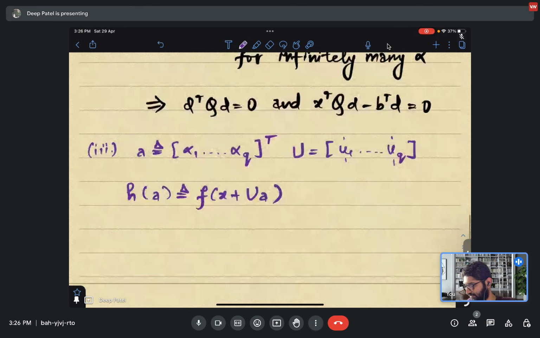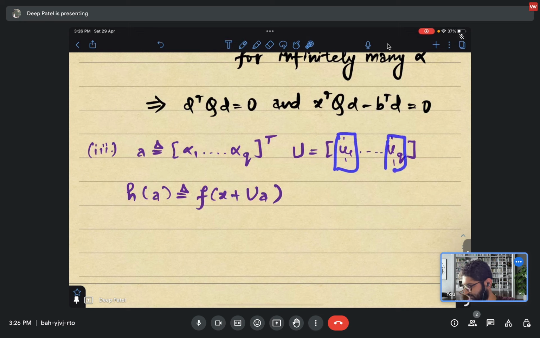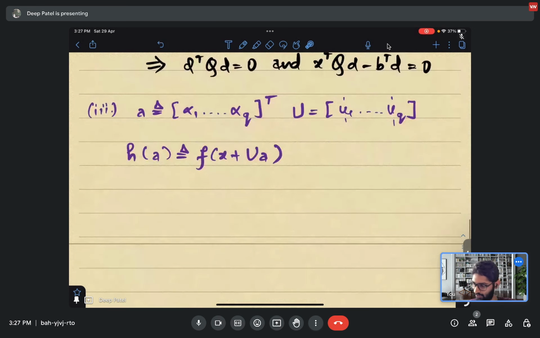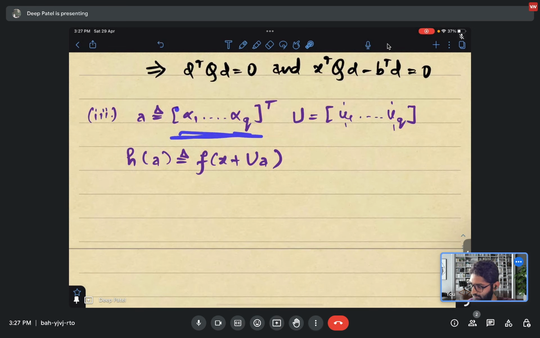It is a linear combination: imagine each of these is a direction weighted by some appropriate step size alpha j for each uj, and that resultant direction is along which you are moving. You want to find what should be those appropriate step sizes in each of those directions uj.